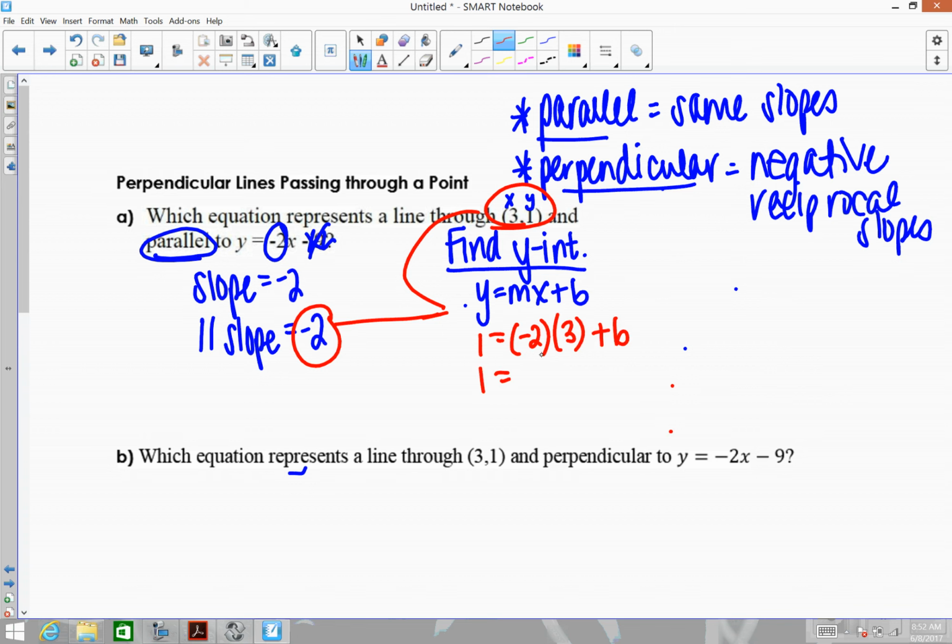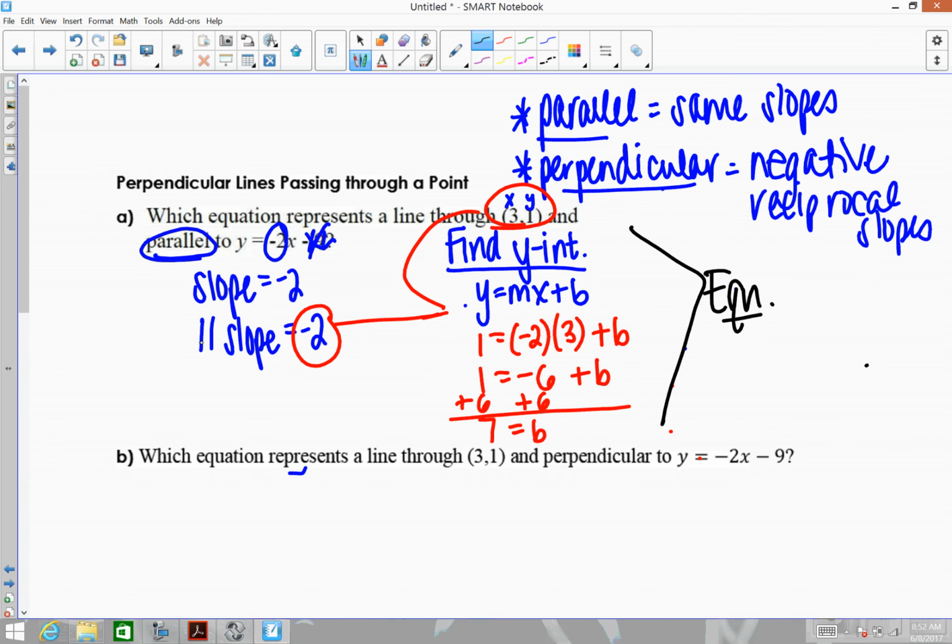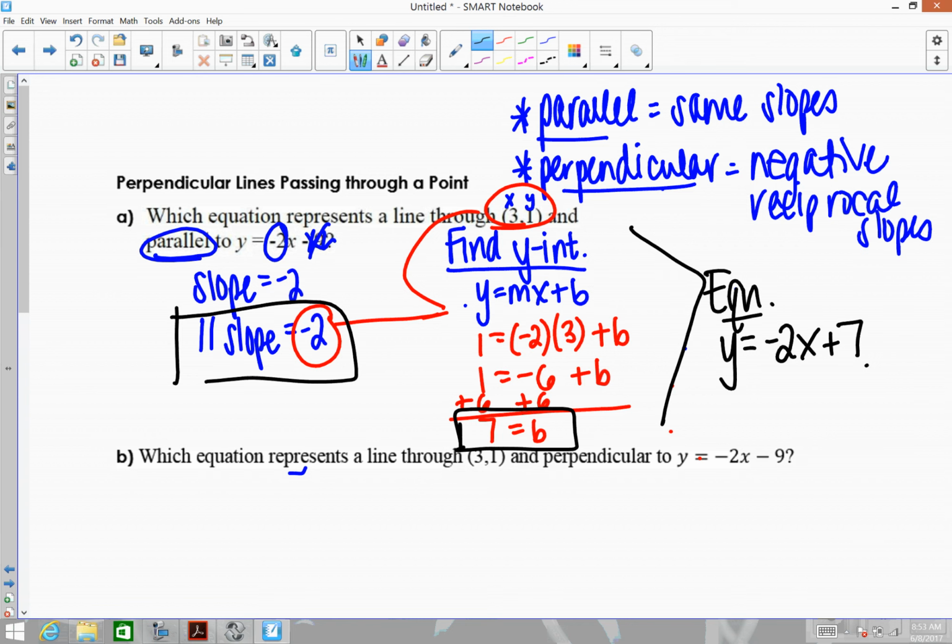So I have -6 plus b, add 6 to both sides, so you get 7 equals b. So then the last step here is your equation. It's your slope and your y-intercept, and you plug those in. So it's going to be y equals -2x plus 7. And that's your final answer.